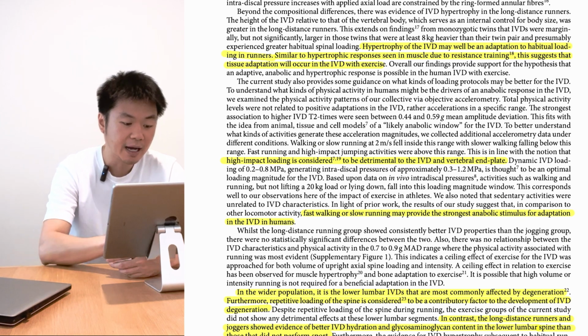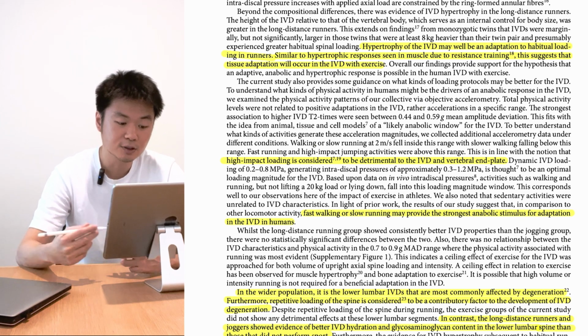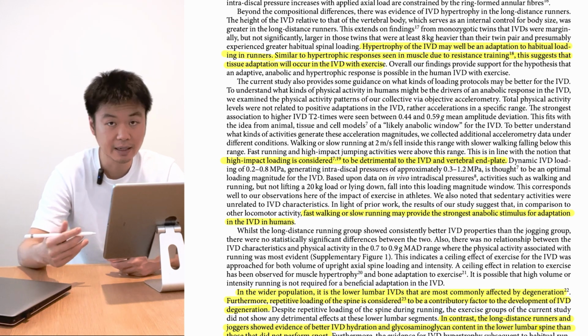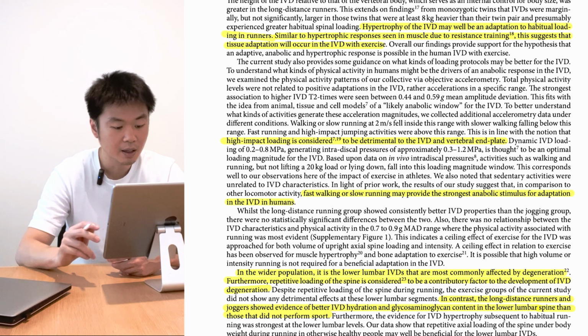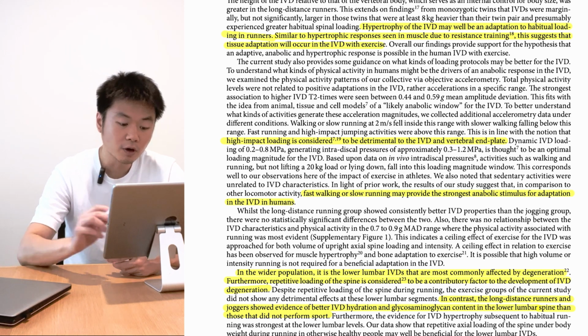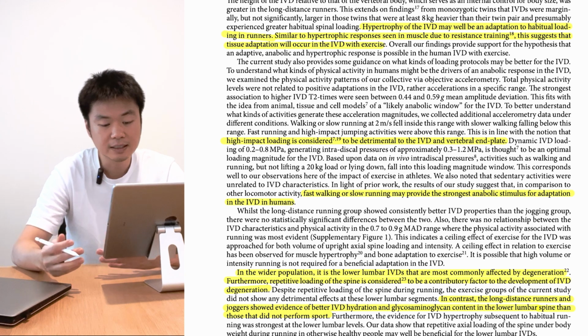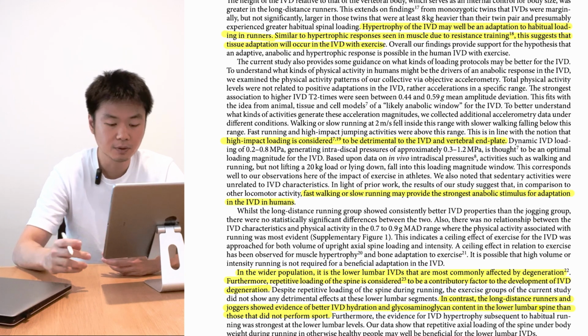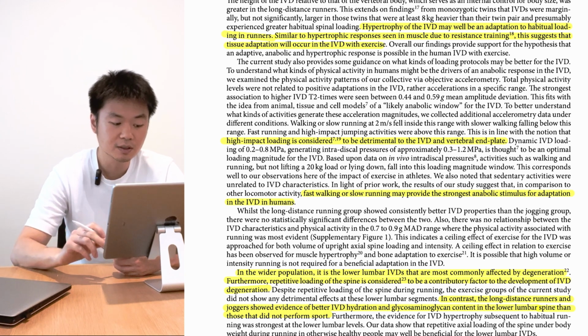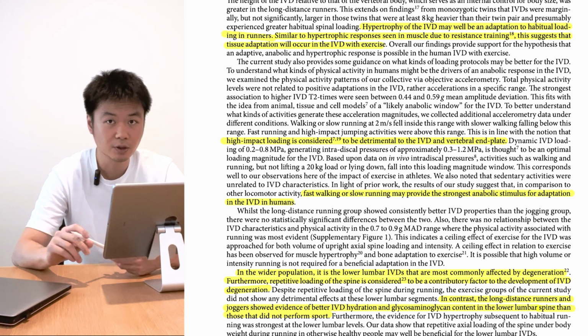It also says that high impact loading is considered to be detrimental to your disc and the end plate, and that fast walking or slow running may provide the strongest anabolic, meaning building, stimulus for adaptation of the disc in humans.